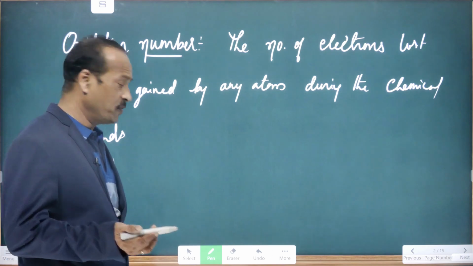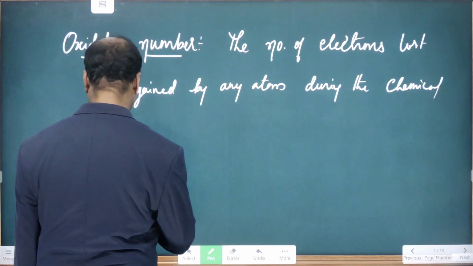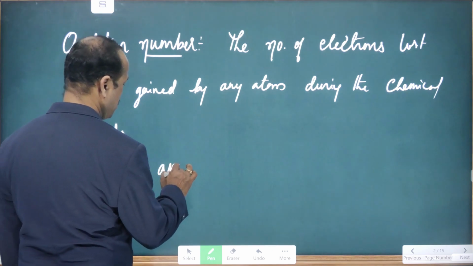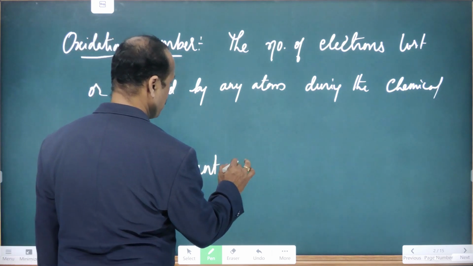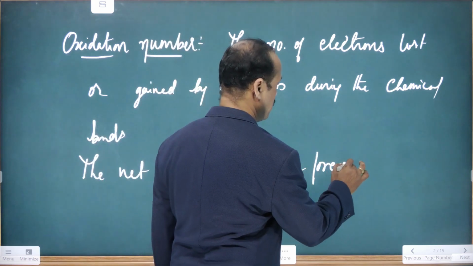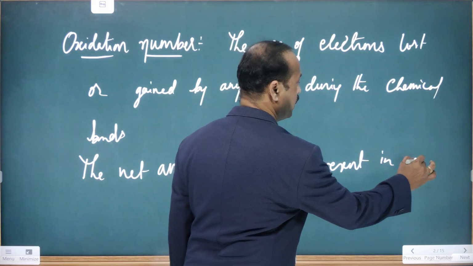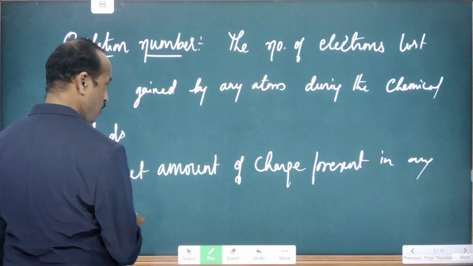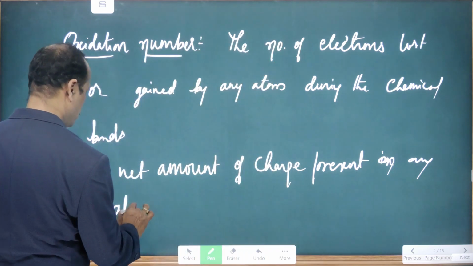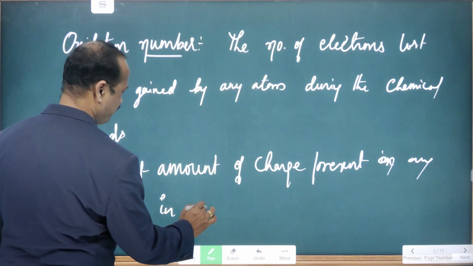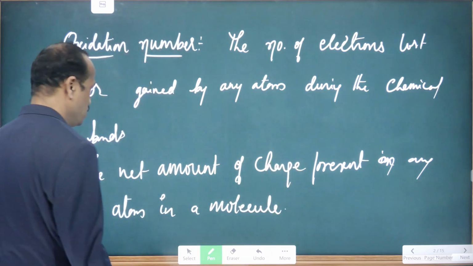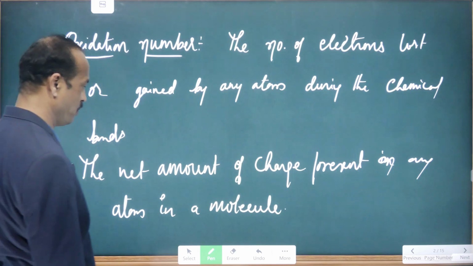Another definition we can write: the net amount of charge present on any atom in a molecule. Like this also we can write. So many definitions are there. Now I'll explain the meaning of this one by one.